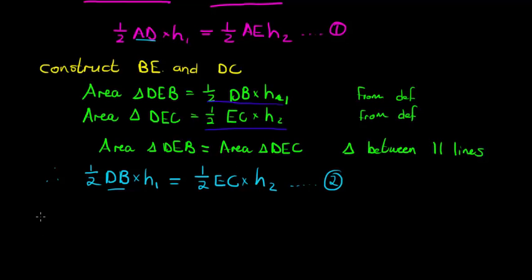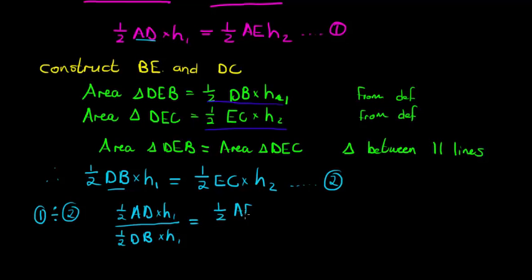You see? So equation 1 divided by equation 2 will give me a half AD times H1 divided by a half DB times H1, is equal to, on the other side, a half AE times H2 divided by a half EC times H2.